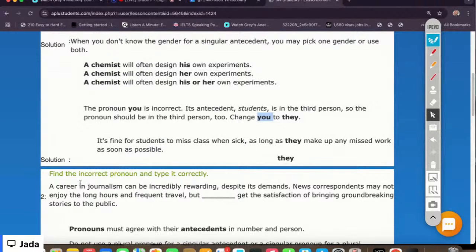Okay, so we have: a career in journalism can be incredibly rewarding despite its demands. News correspondents may not enjoy the long hours and frequent travel, but dash get the satisfaction of bringing groundbreaking stories to the public. So, what is the right pronoun here?